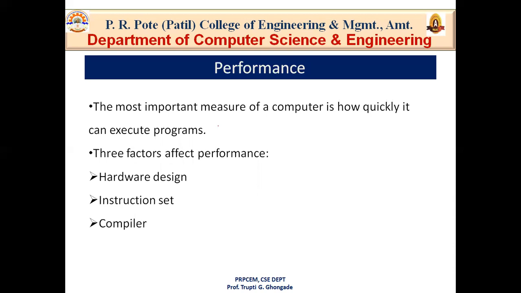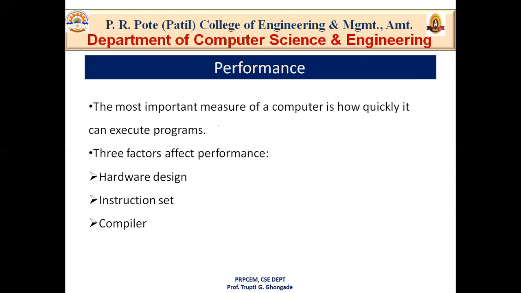The speed with which a computer executes a program is affected by the design of its hardware and its machine language instructions. There is also a pipelining concept to improve the performance of the processor, but I think pipelining is not included in your syllabus, but in one of the lectures we will discuss what pipelining is.